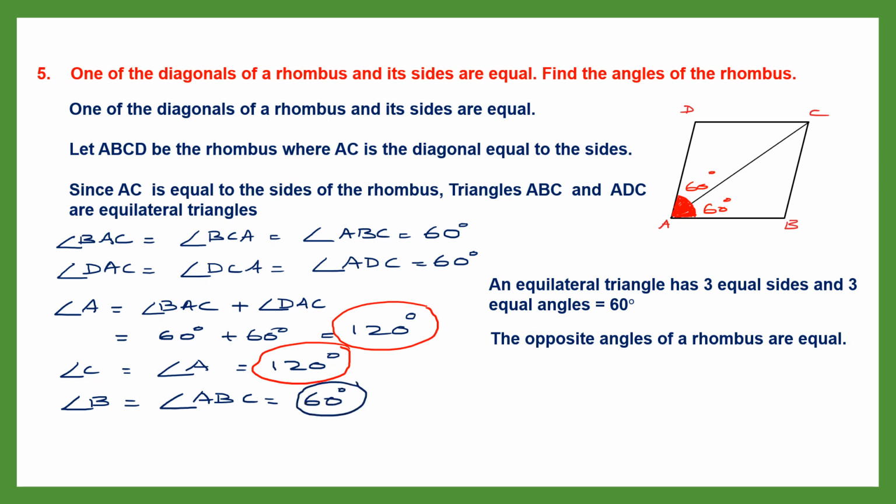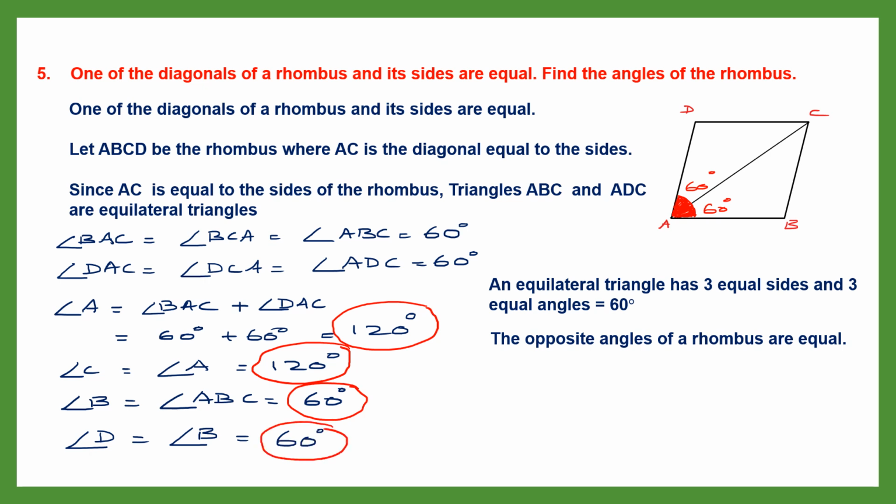So we have this. Now we can use the property that opposite angles of a rhombus are equal. So the opposite angle of B is D. If B is 60, D is also 60. So let's write that. Angle D is equal to angle B, which is equal to 60 degrees. So we have found all four angles.